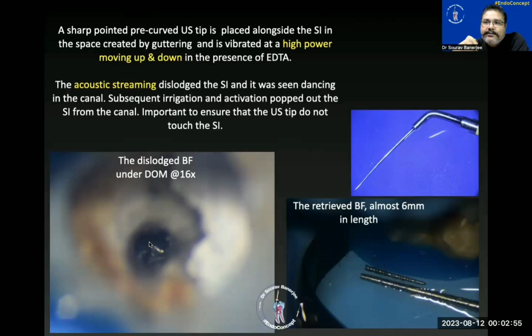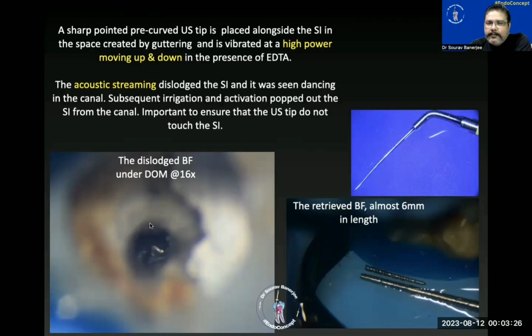We do this at relatively high power compared to the guttering procedure. We place the instrument, activate it, and pull it out. When we activate, we have to activate the ultrasonic instrument at the outer stroke. When we do that, the instrument dislodges and jumps up in the canal, and it can easily be retrieved, maybe sometimes even with just irrigation, as you can see.